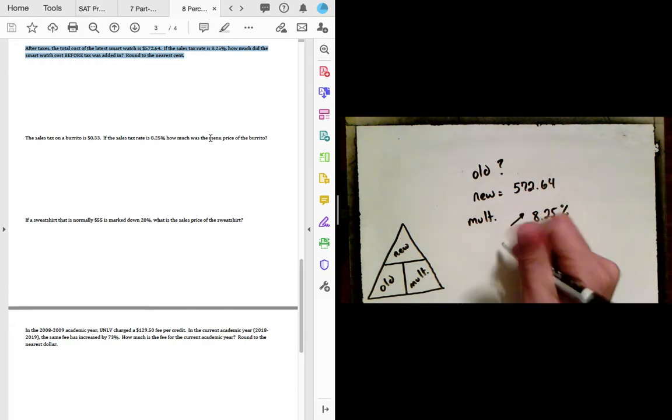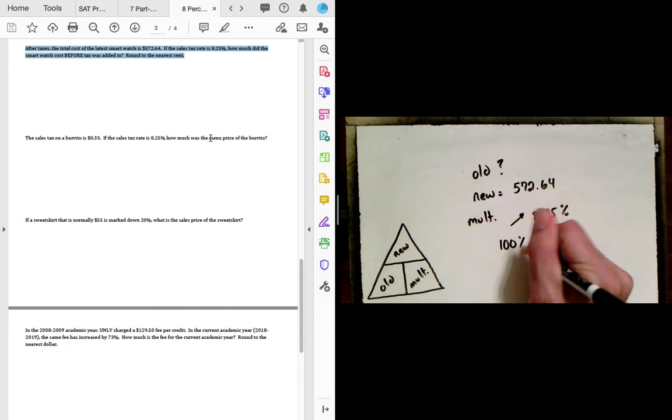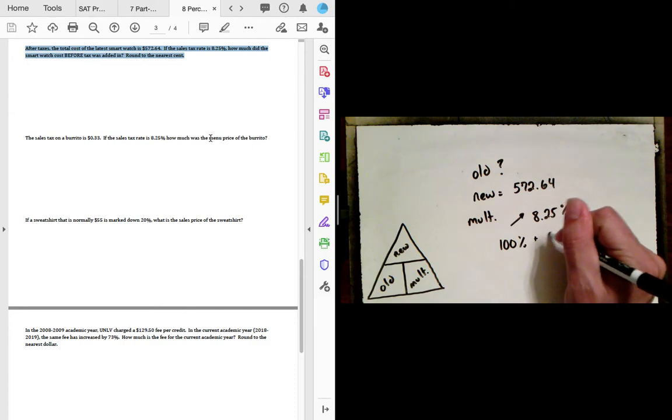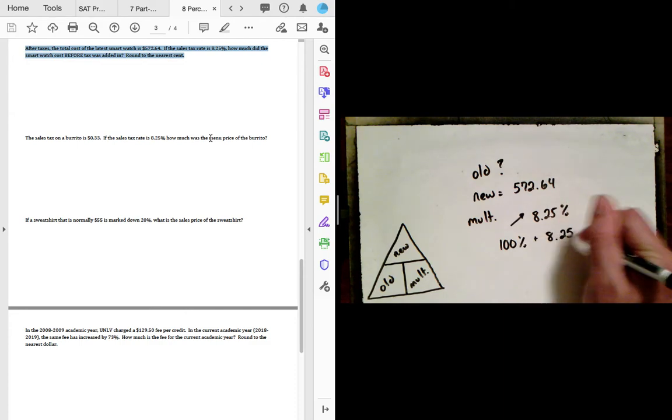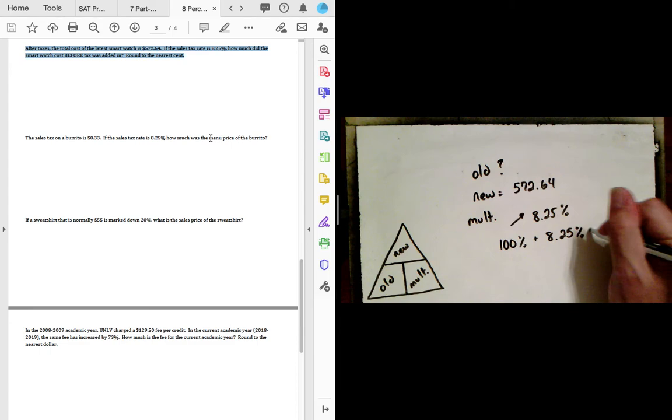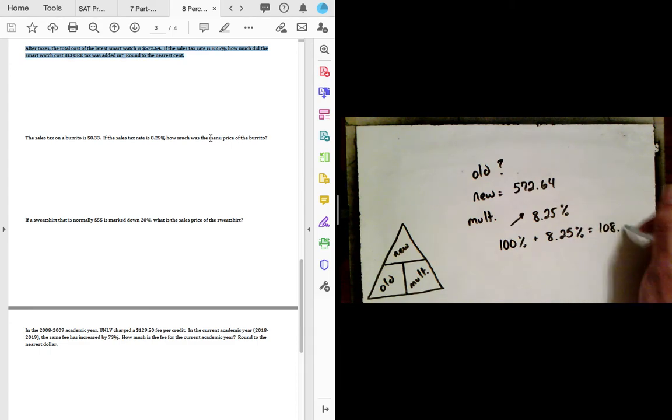So to calculate that multiplier, we're going to take 100%, and to it, we're going to add 8.25%, which gives us 108.25%. Don't forget, we need to divide that by 100 to get our multiplier, 1.0825. That is our multiplier for this problem.